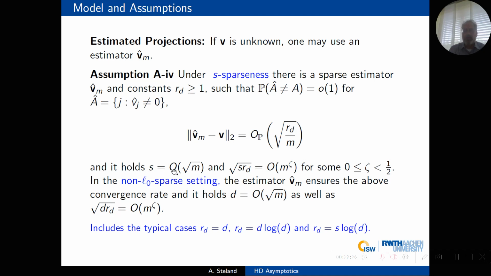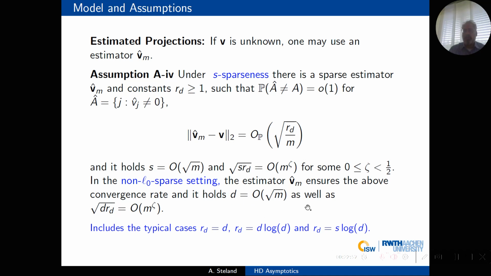We assume that S grows at most as square root of M. And in addition, it is needed that the square root of S times Rd grows slightly less than square root of M. And if you work in a non-sparse setting, then we need more or less the same assumptions with S replaced by D.